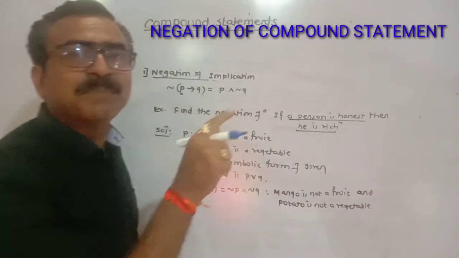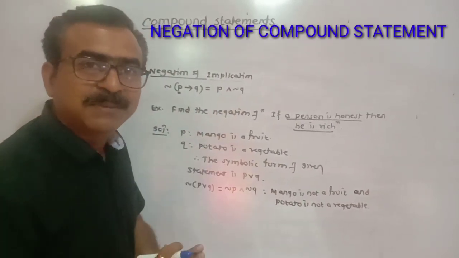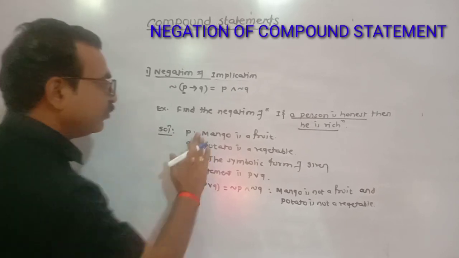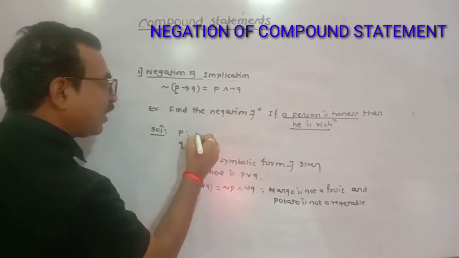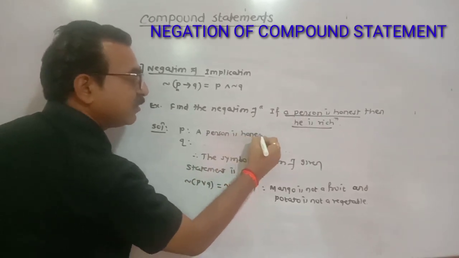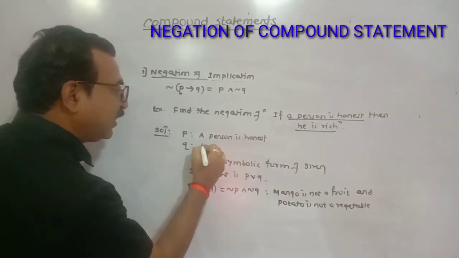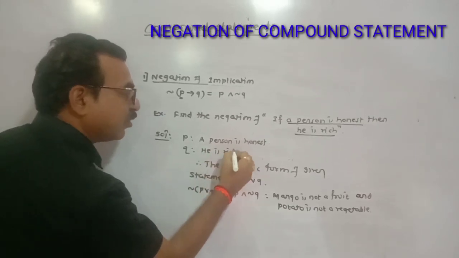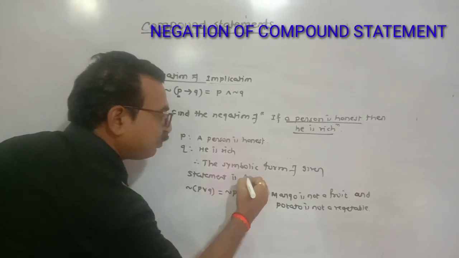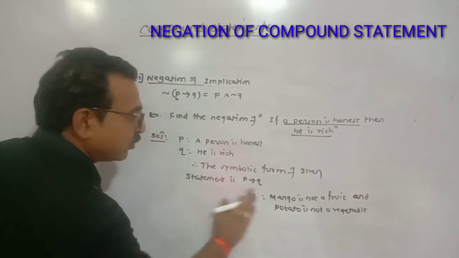He is rich, meaning a person is rich, that is your second statement. So represent the first statement by P and the second statement by Q. So the symbolic form of the given statement is P conditional Q.